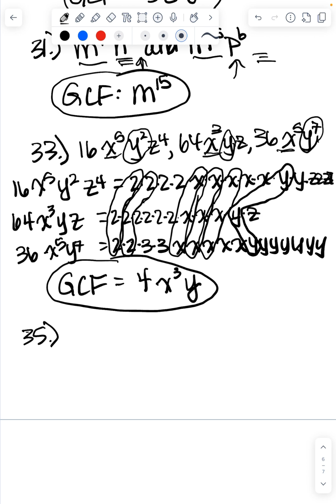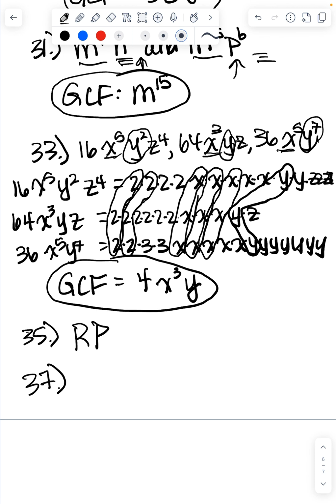Number 35, state whether the expressions are relatively prime or not relatively prime. In number 35, these would be relatively prime because the 12 and the 25, and also those variables thrown in there, there's nothing that's matching up.